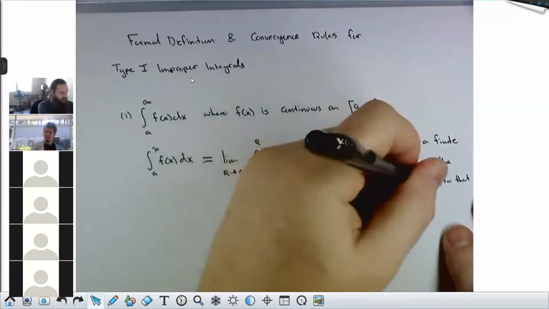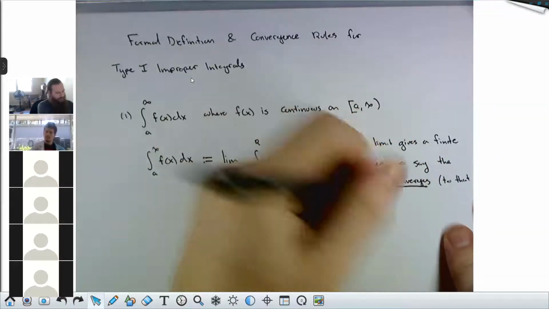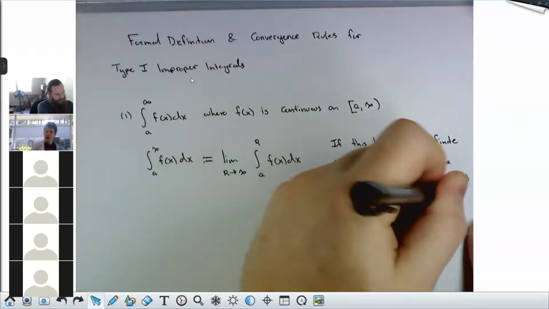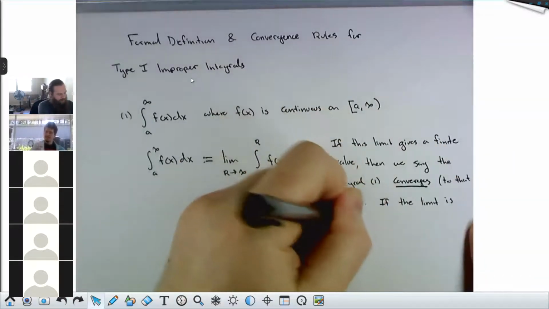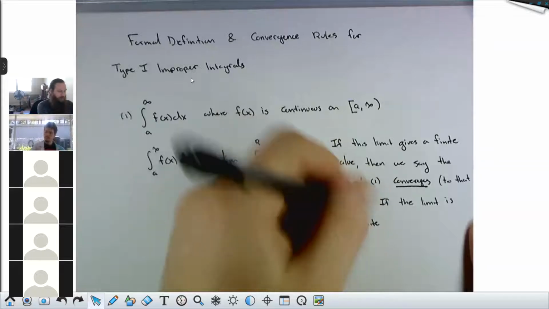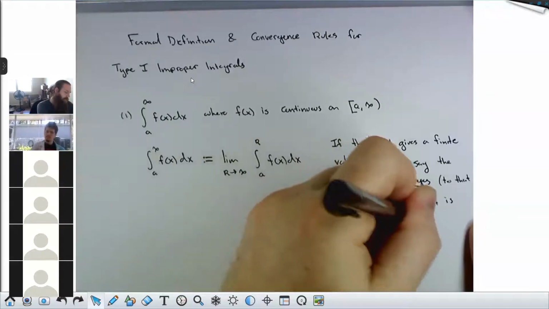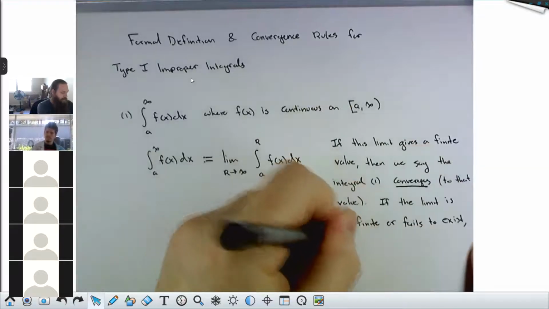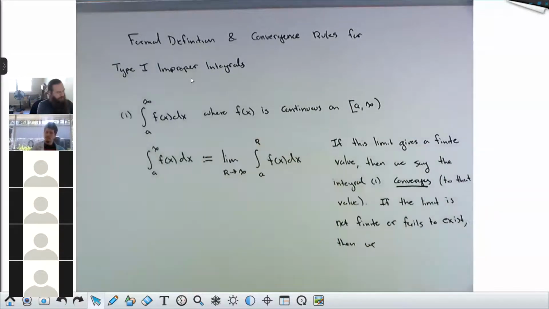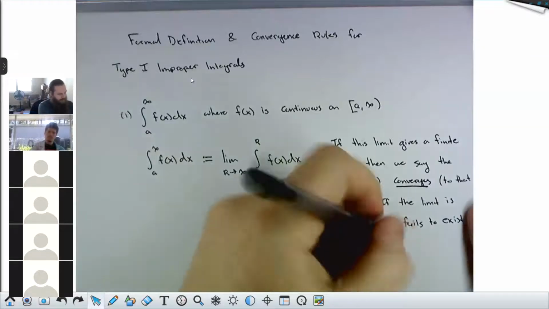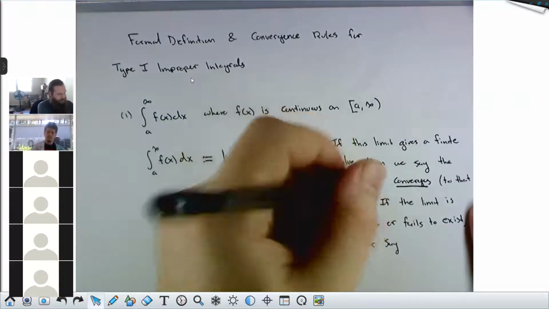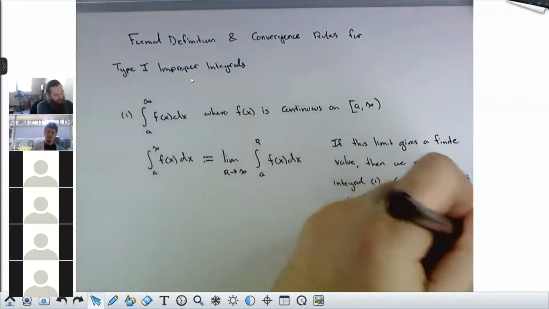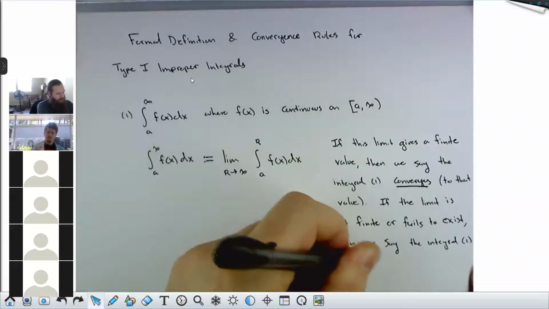If the limit is not finite or fails to exist, then we say the integral diverges.